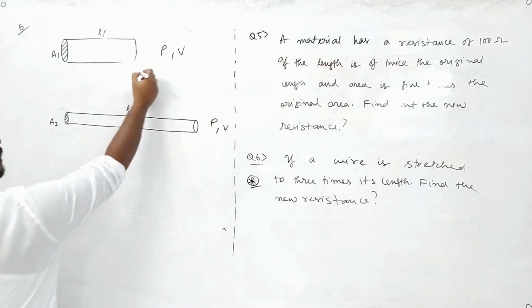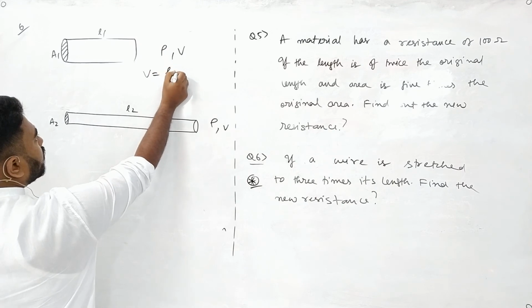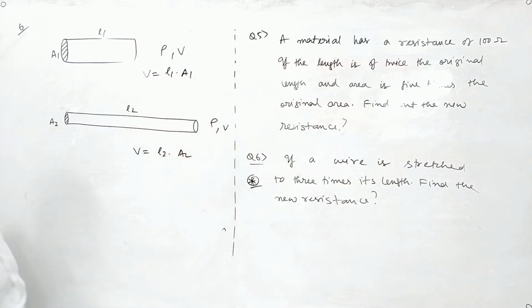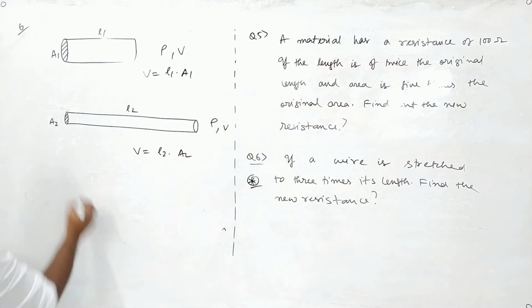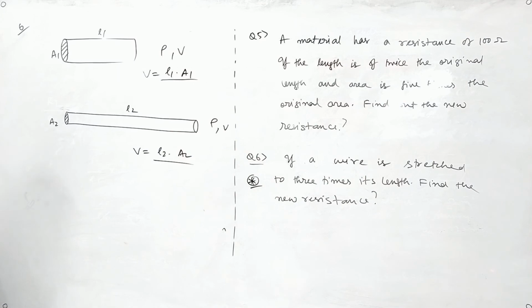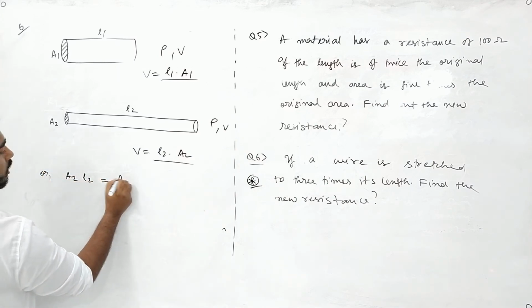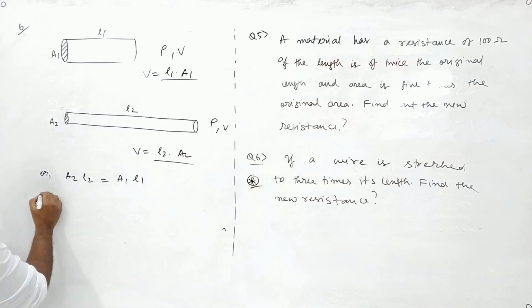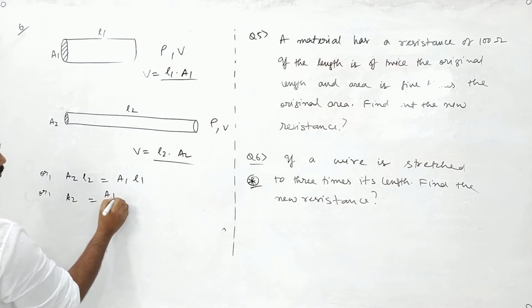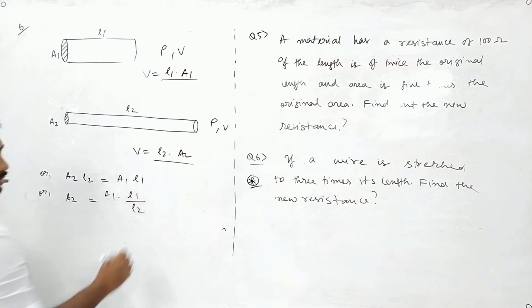Okay, so if I write the volume V as L1 into A1, can I write V as L2 into A2? As the volume is not changing, can I write L1 A1 and L2 A2 as equal, or can I write A2 L2 equals A1 L1, or can I write A2 equals A1 into L1 by L2?